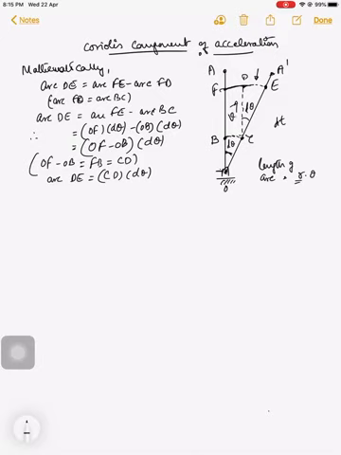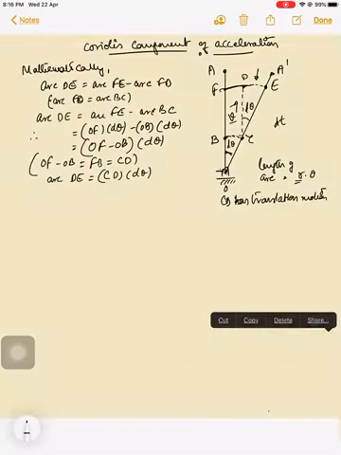Now when we see this CD, it is a translation motion. From point B the slider moves to point C, and then it will move to point D linearly with a velocity V. So here CD has translation motion.